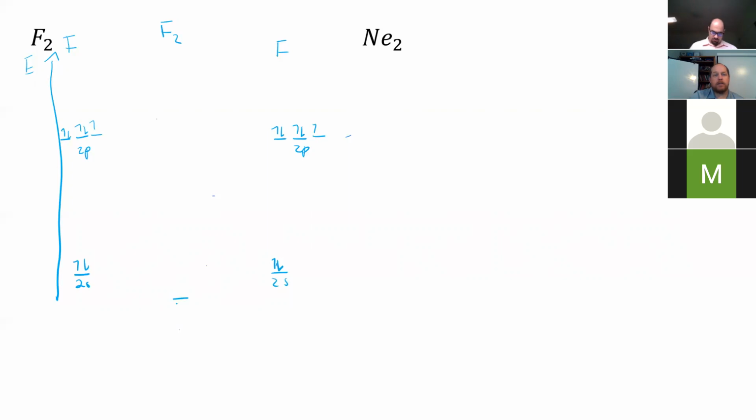Again, the 2s orbitals will combine to give us sigma 2s and sigma star 2s. Our lower energy orbitals from the overlap of the p orbitals will be the sigma 2pz, followed by the pi 2px and pi 2py. Next will come our pi star 2px and our pi star 2py, followed by our sigma star 2pz.